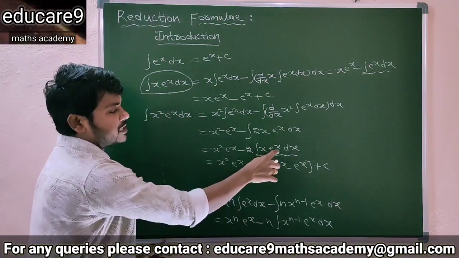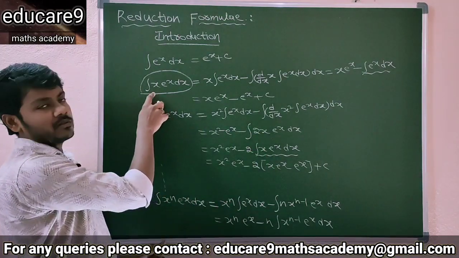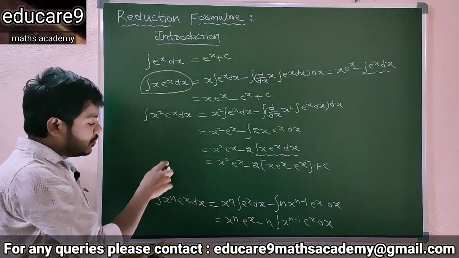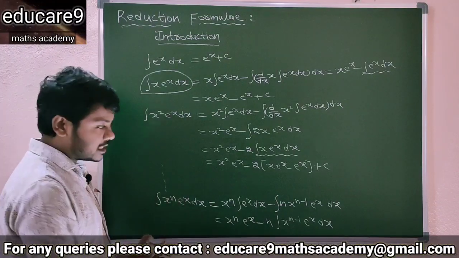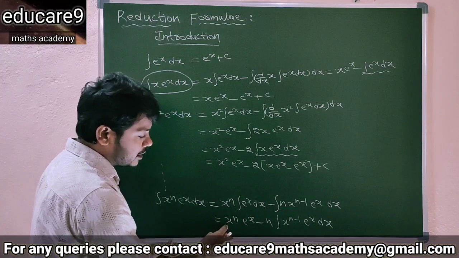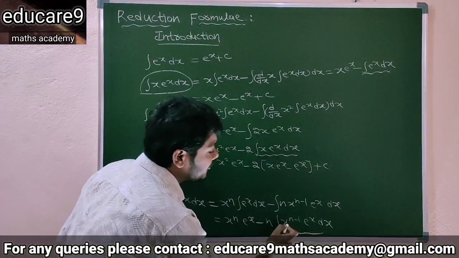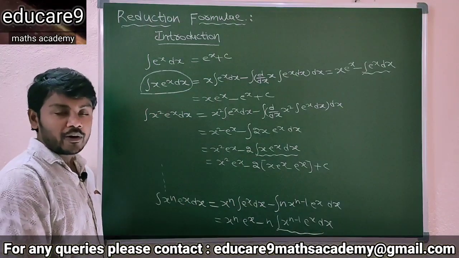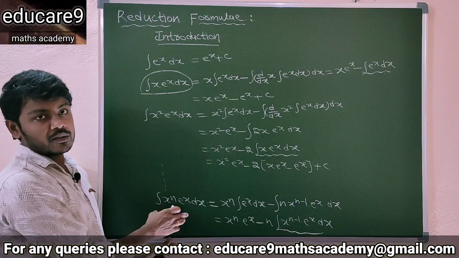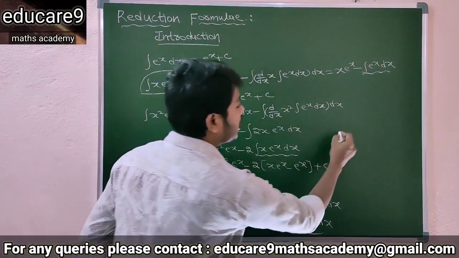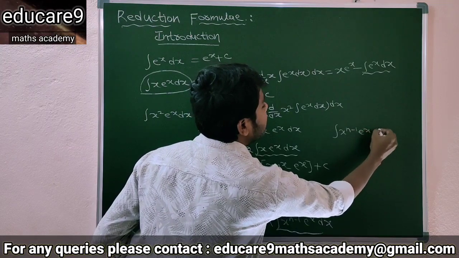Here, integration of x e power x dx is the term before. And similarly, integration of x to the power of n e power x dx is x to the power of n e power x minus n into integration of x to the power of n minus 1 e power x. So clearly this is the term before, that is integration of x to the power of n minus 1 e power x dx.